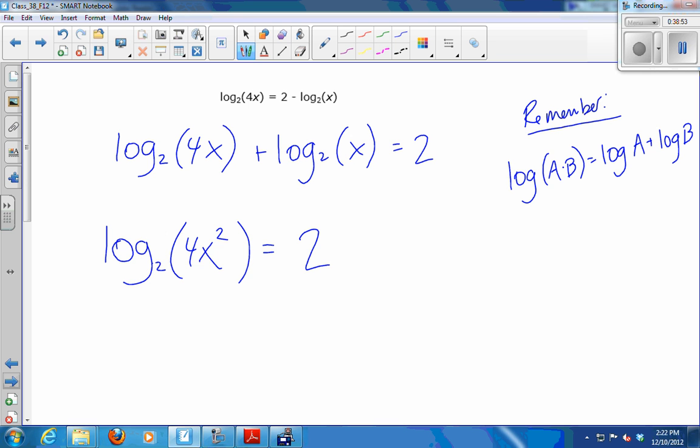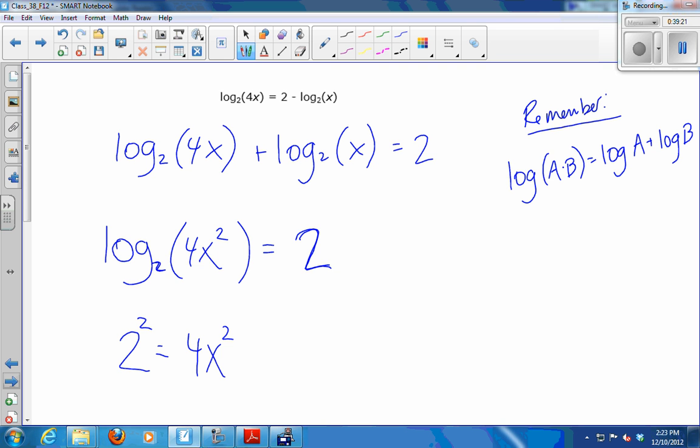2 is my base, so I have 2. This 2 is my exponent, and it equals 4x squared. Is this factoring out? No. This is different than factoring out. This is switching a log equation to an exponential equation using the definition.